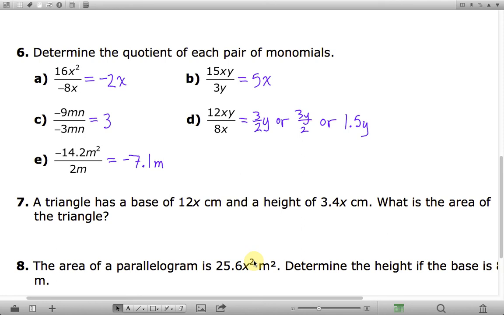So next we'd like to try to do some different kind of problems. It says here that we've got a triangle that has a base of 12x centimeters and a height of 3.4 times x centimeters. We want to know what is the area of the triangle. So let's draw a quick sketch of this.